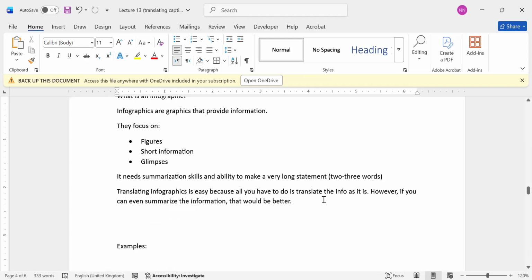When I say it is easy, I don't mean the actual translation process or the writing process, but usually infographics are made like the person already summarized information into an infograph, and all you have to do is translate it. But sometimes, and we're going to notice this, from English into Arabic, you're going to need longer statements and how to go around that, and vice versa.